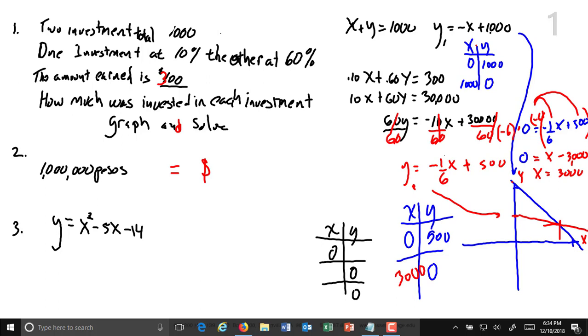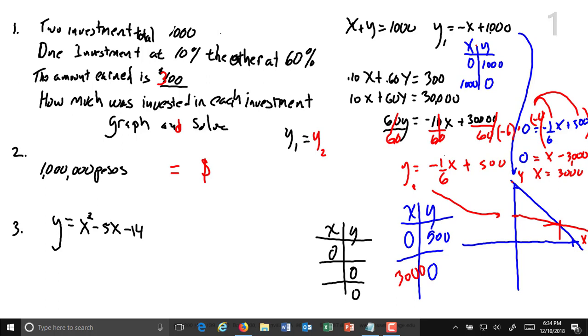We'll be factoring this one anyway. Okay, so now take a look at that. Now what I'm going to do is set y1 equal to y2. That's the only place these two lines meet.